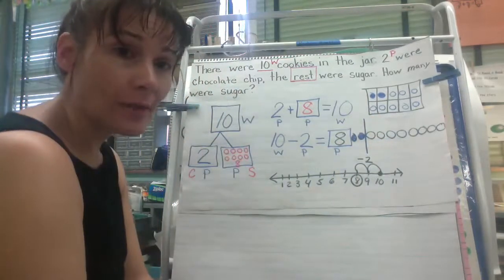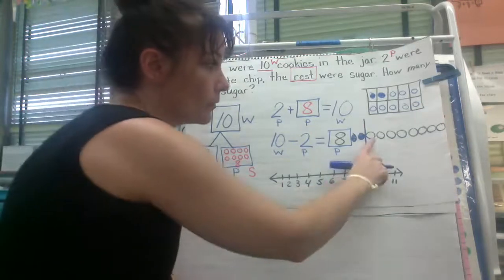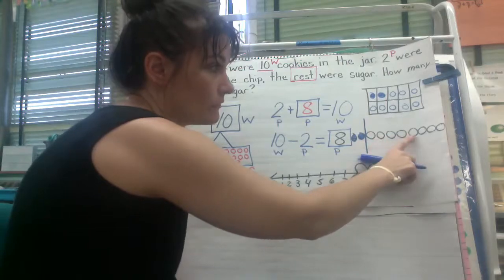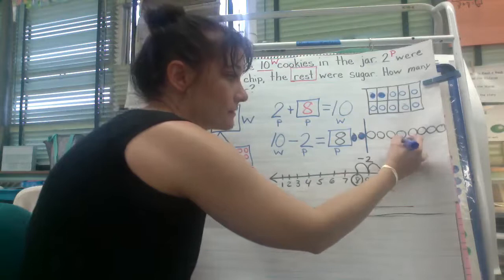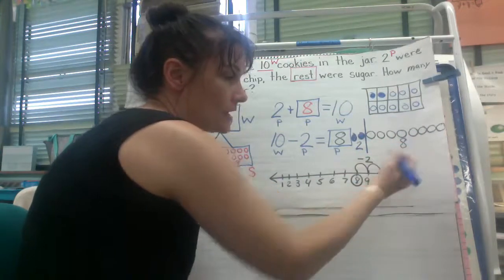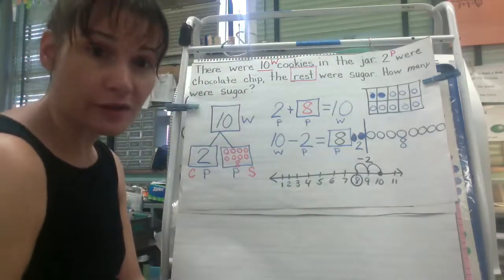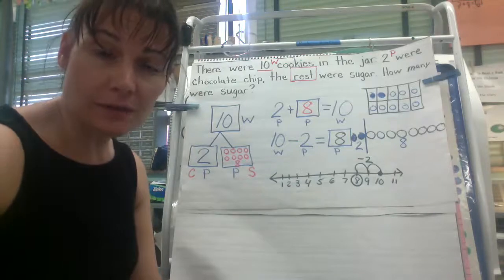So how many are sugar cookies? Let's count. 1, 2, 3, 4, 5, 6, 7, 8. 2 were chocolate chip and 8 were sugar cookies. Those are all great ways to show your thinking.